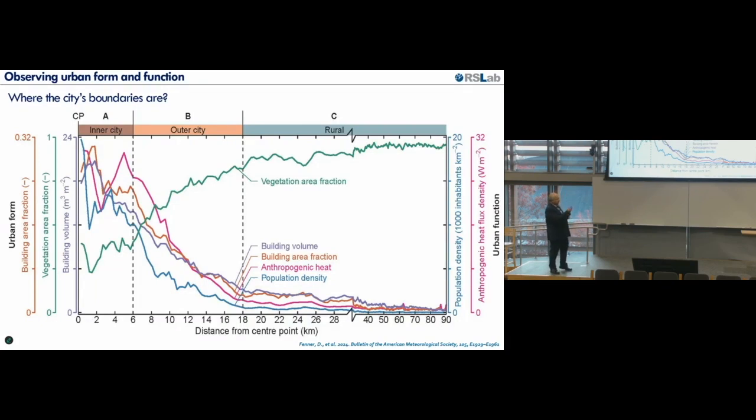So in our recent publication in BAMS, the Bulletin of the American Meteorological Society, we resolved this by getting the radial decays in concentric circles from the center of parameters related to urban form, for example, the building area fraction, the vegetation fraction, the building volume, but also parameters related to urban function, such as population density and the anthropogenic heat flux, and we put these boundaries where we see the changes.